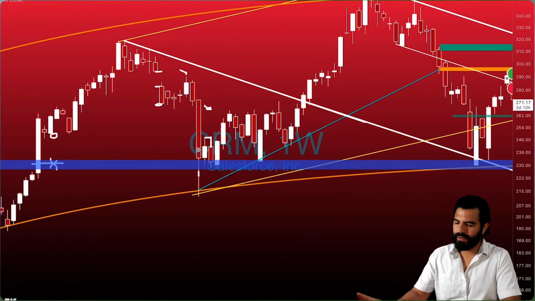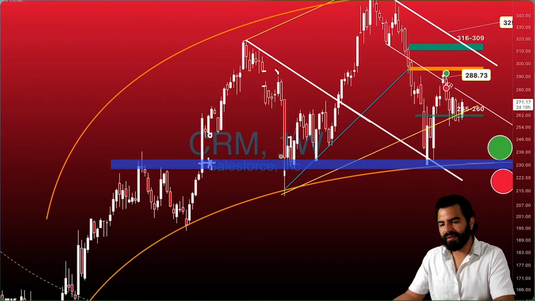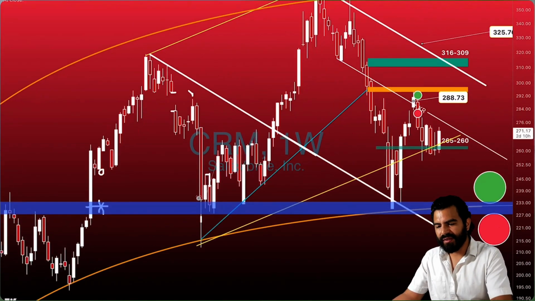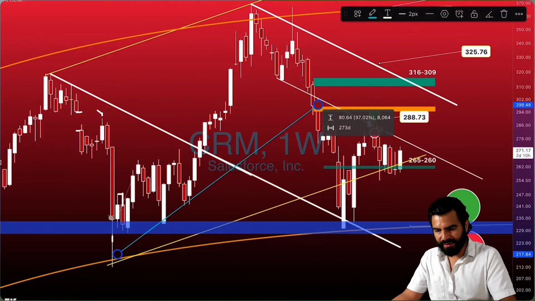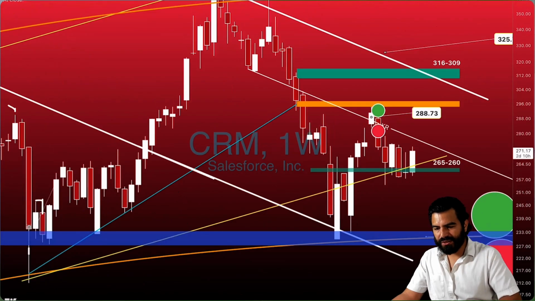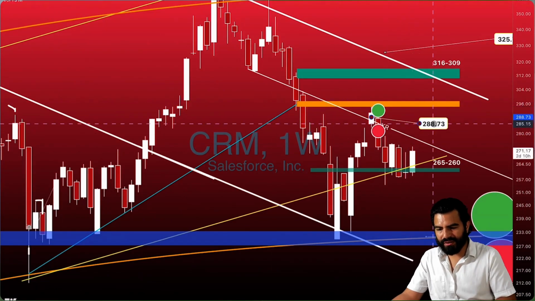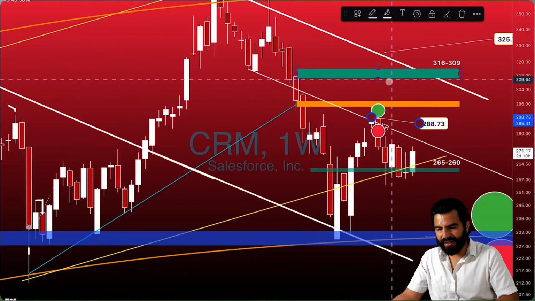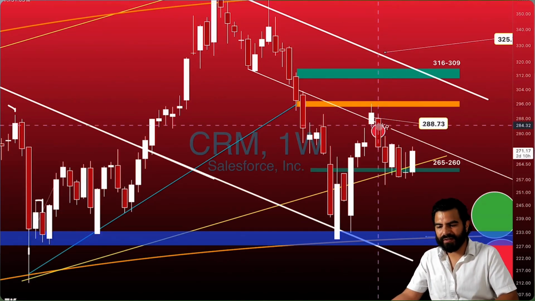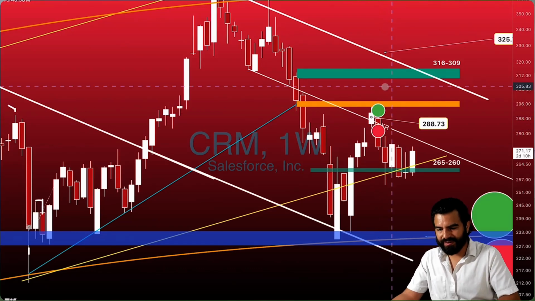Okay. I'm going to clean up this stock a little bit. Looks like I might have used it as an example. We had a nice sword cut based on this area up here, and price responded quite nicely to that sword cut area. $288. I'll remove the healths and weaknesses so you can see. These colors should have been reversed.